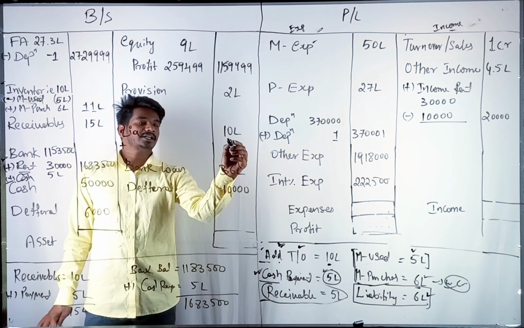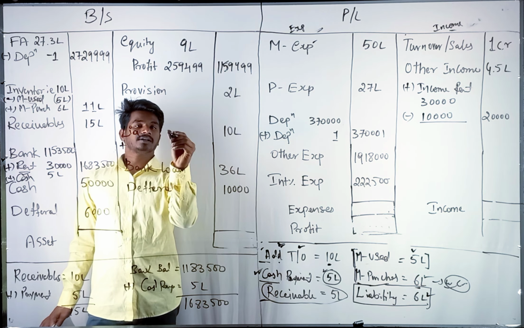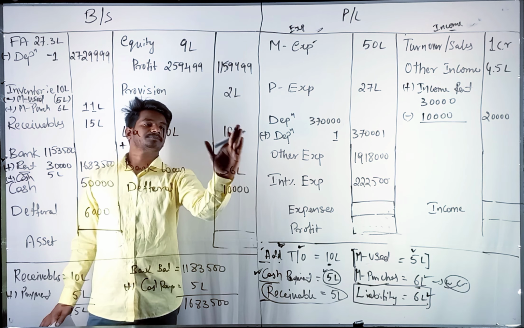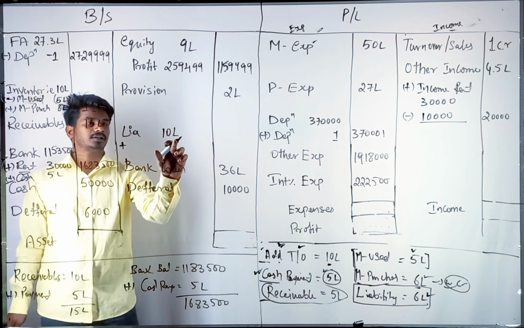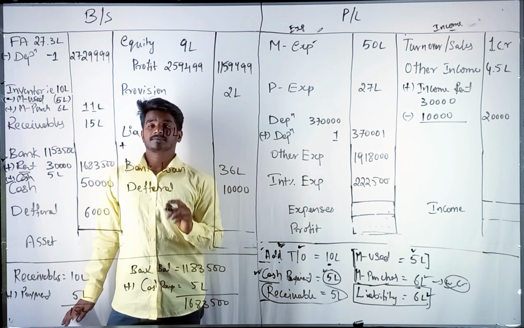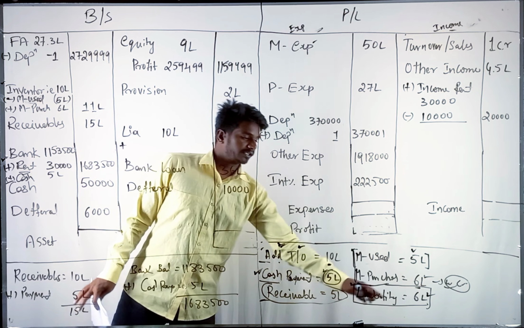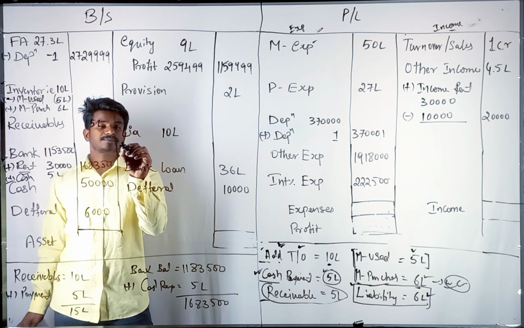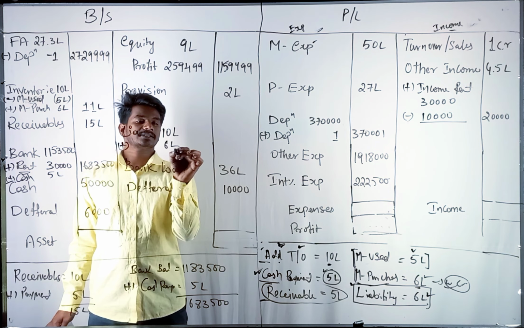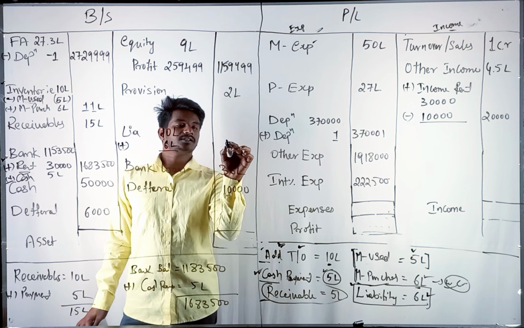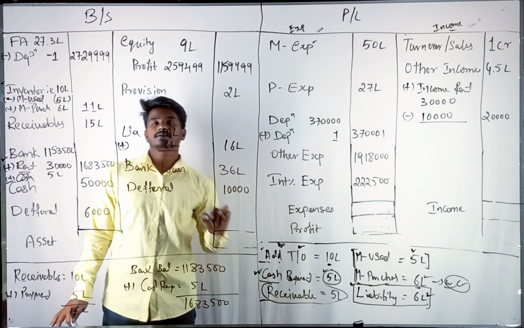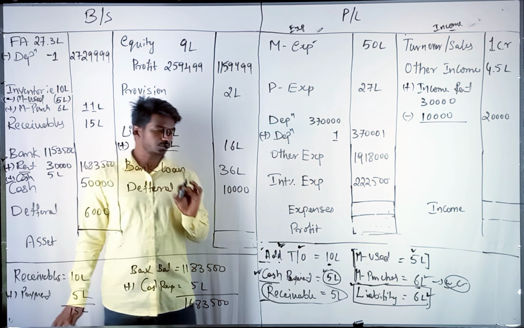The earlier liability is 10 lakh rupees. Is that correct? Now again some liability is creating for 6 lakh rupees. We should add it to this 10 lakh and total liability becomes 16 lakh rupees.